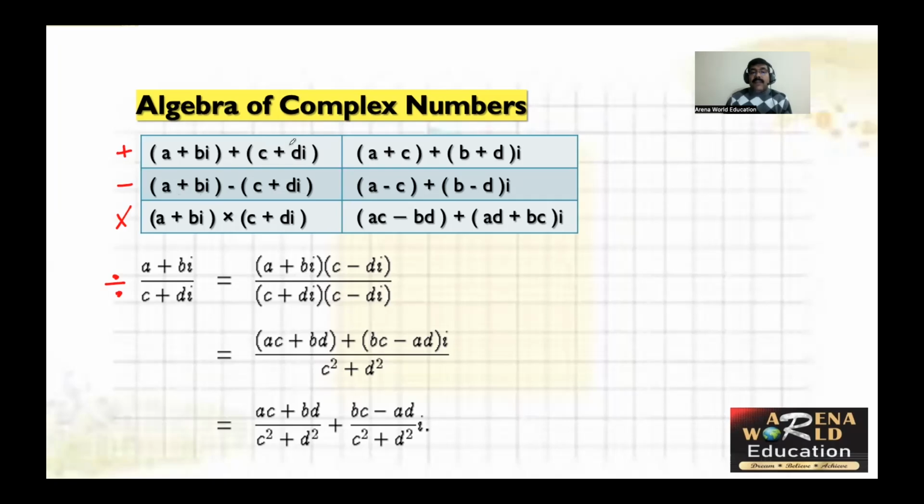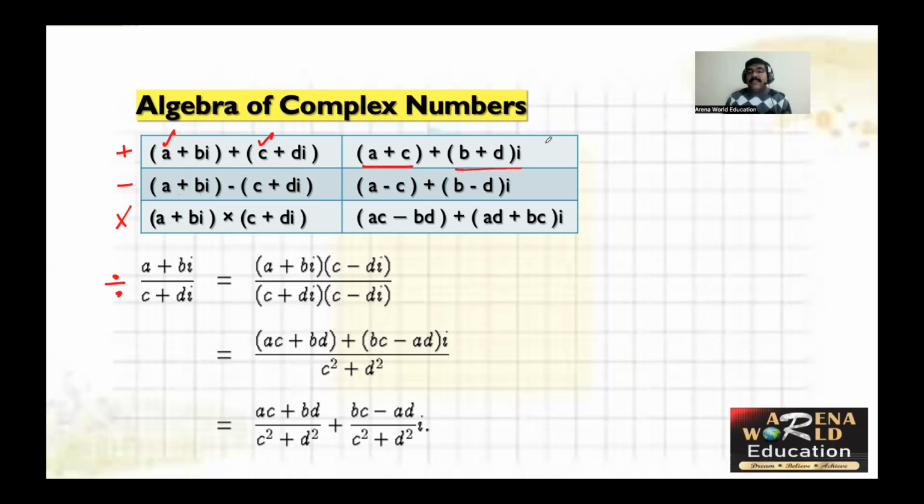In case of adding, we will write the like terms together. So here a and c, these are the real parts. So a plus c will be together, and b iota and d iota are the imaginary parts. So here b plus d into iota.